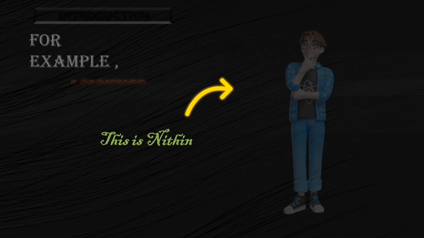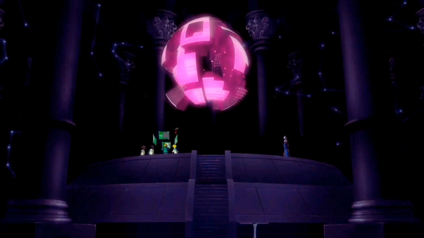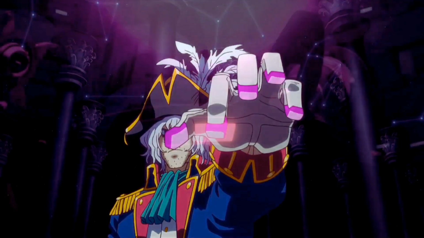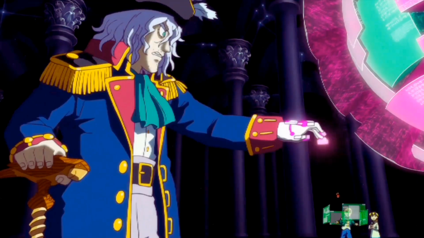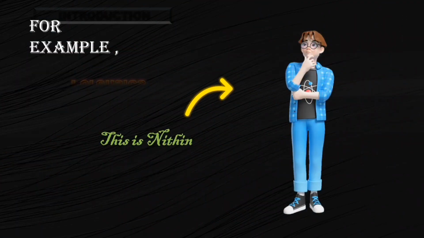For example, let's say a cybercrime has occurred to Nathan, and he looks for evidence. He might look for the source through which the cybercrime has occurred and submit it as evidence.